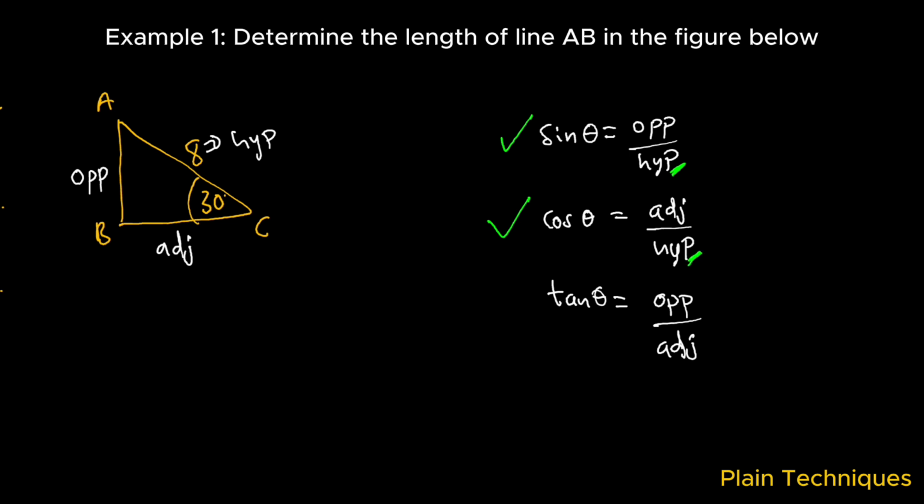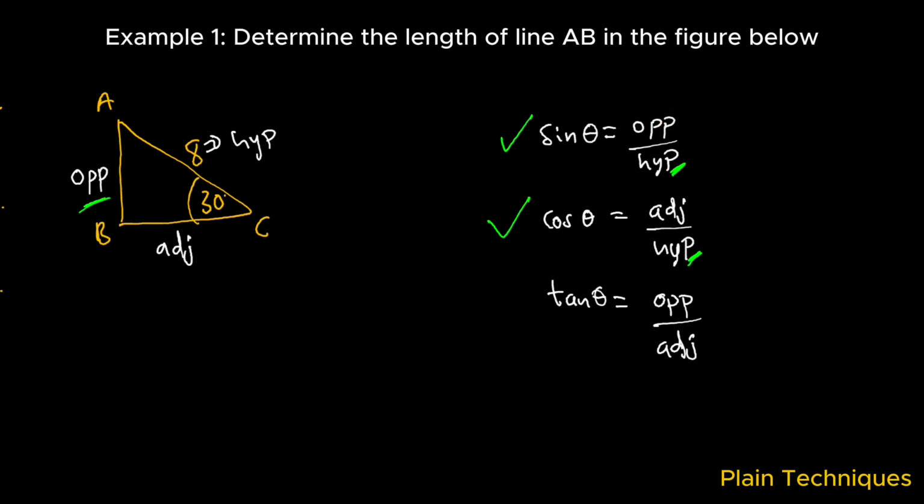Okay? Now, let's narrow it down to find out which one we really need to use. The side that we want to calculate is the opposite. Which one between these two has the opposite?